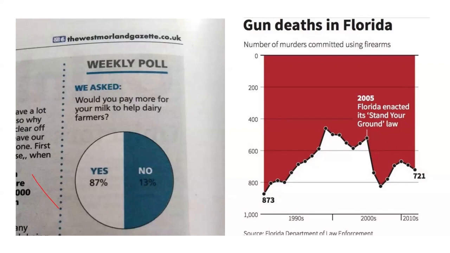The other one, I love this, gun deaths in Florida. It's about the number of murders committed using firearms. And this was actually a political tool designed to make it look like the numbers had gone down. They flipped the axis.